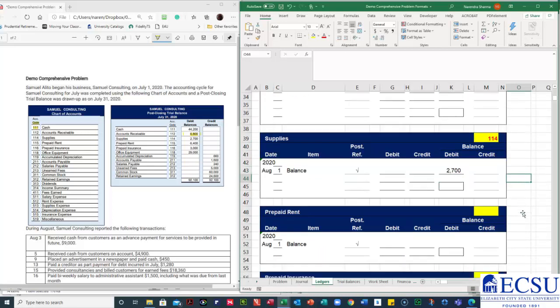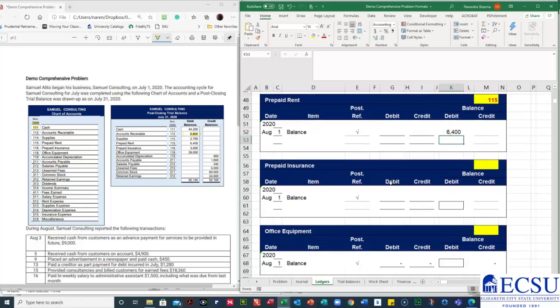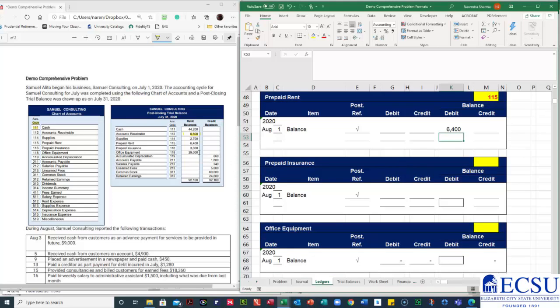Prepaid rent is 115, and it is a debit balance of how much? 6,400. Okay, so that is how we'll take that. Next is prepaid insurance. Prepaid insurance is coded 116, and the debit balance is 3,000.